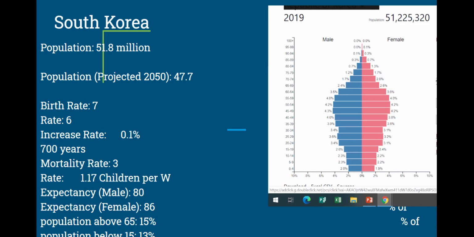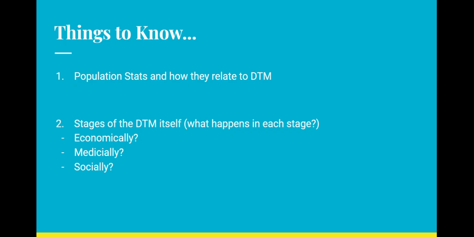An example would be South Korea, a country that entered stage 4 probably sometime in the early 90s, and at this point has a population that is projected to essentially start to decrease at some point in the next 20 or 30 years. So South Korea is our stage 4 country.